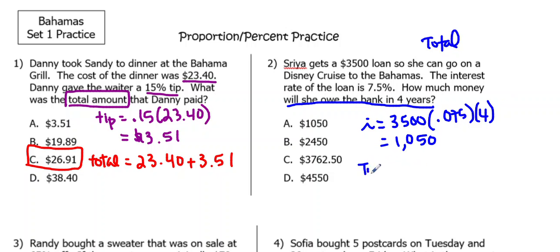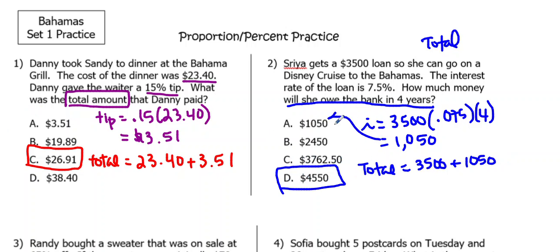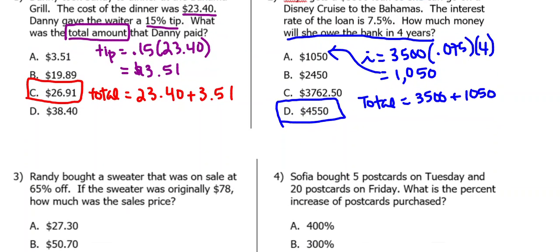So her total is how much she started with, which was $3,500, plus the amount of interest she has accrued, which is $1,050. If you add those together, you get D, $4,550. But again, I want you guys to notice this interest number is right there as an answer choice, but it is, again, the wrong answer choice.